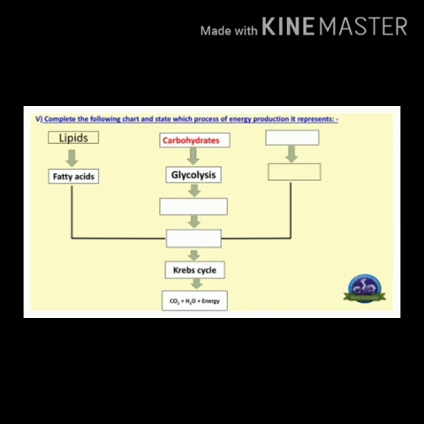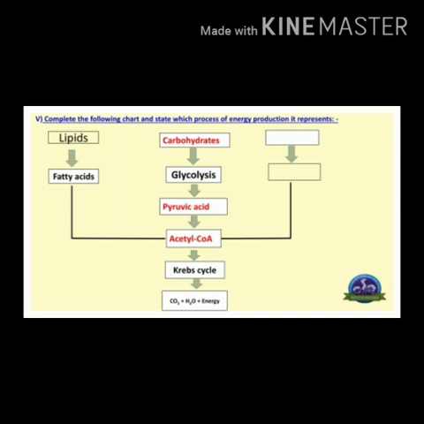Pyruvic acid is formed in process of glycolysis in aerobic respiration. Write down pyruvic acid in next box. Pyruvic acid is converted into acetyl coenzyme A. Write down acetyl coenzyme A in next box. Due to Krebs cycle, energy is produced in mitochondria.